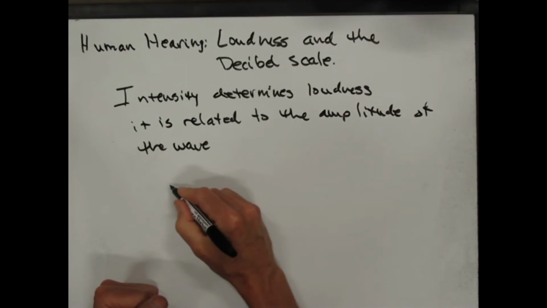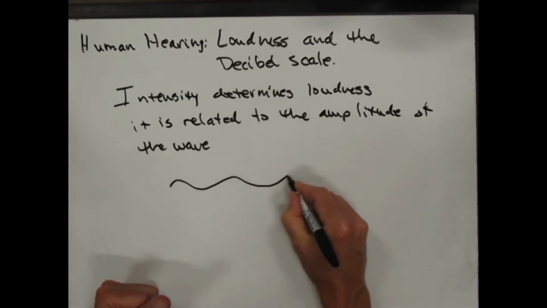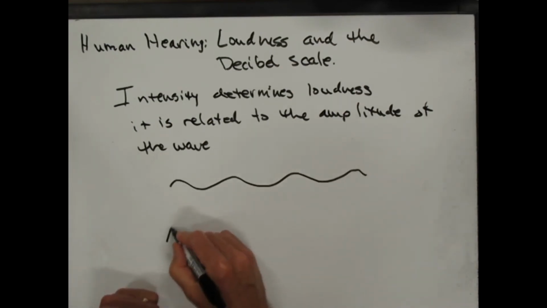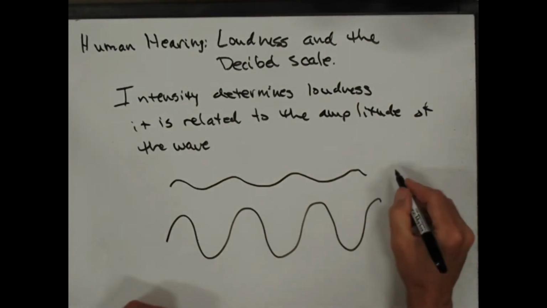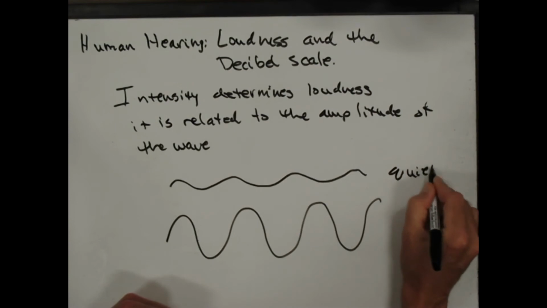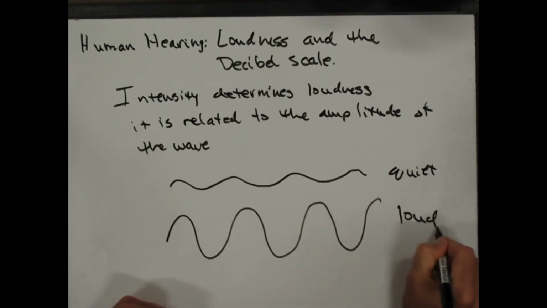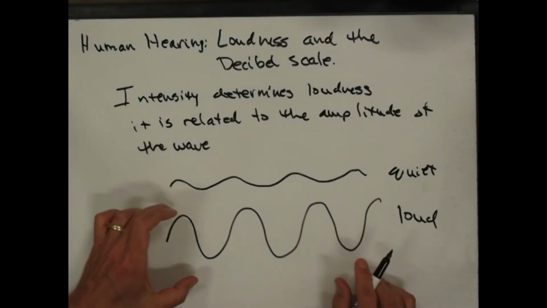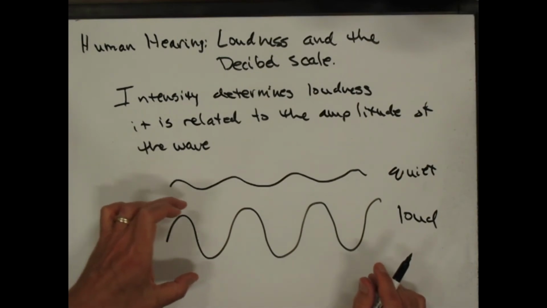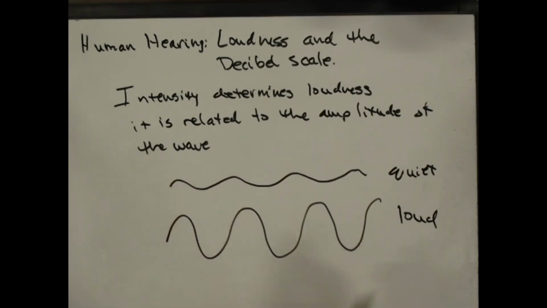And so you would represent maybe a quiet wave this way, and maybe a loud one this way. So this would be quiet, and this would be loud. So the loudness is really proportional to the pressure changes along the wave.